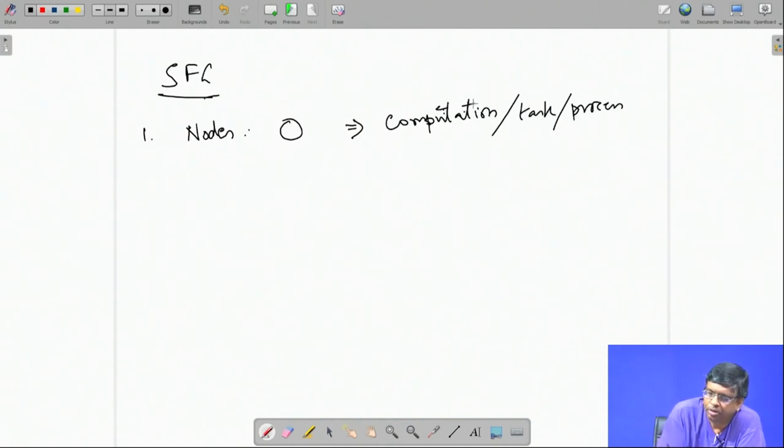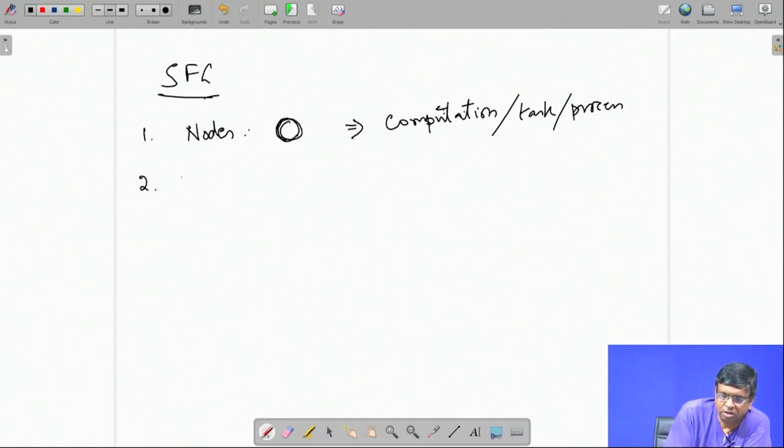Okay, that is, it does some job. Maybe several jobs, many jobs can be put under one node, or maybe a very simple operation can be under one node. It's all up to you to decide what will be a node, what all operations will be within a node, but a node is indicated by a bubble.